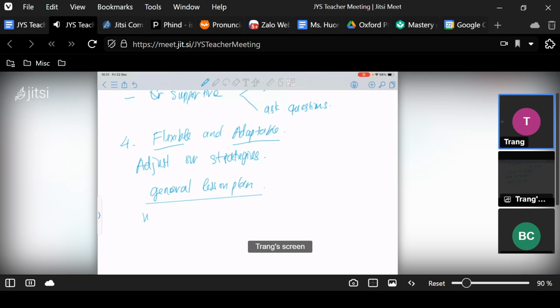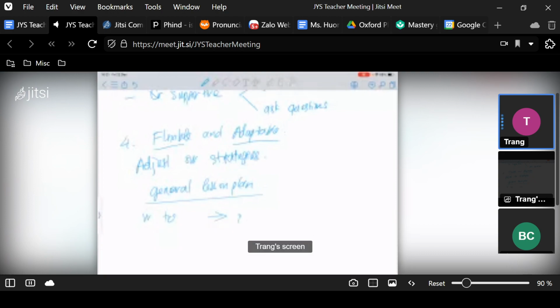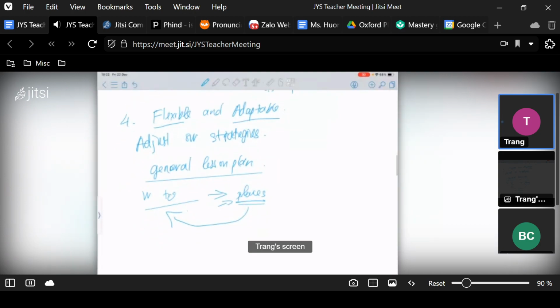For example, when I taught about travel or transport and they were interested in some places, we could move on to talk about those places, and then return to the topic we are teaching.